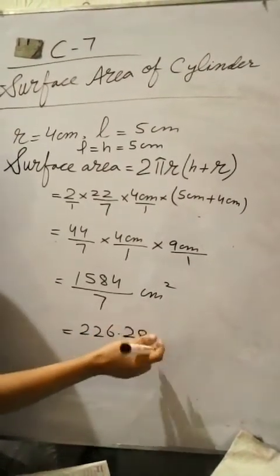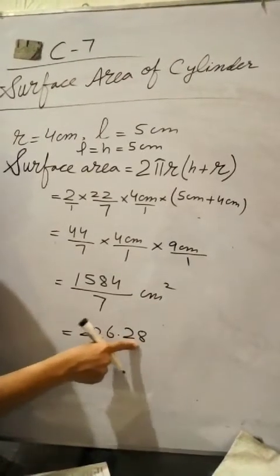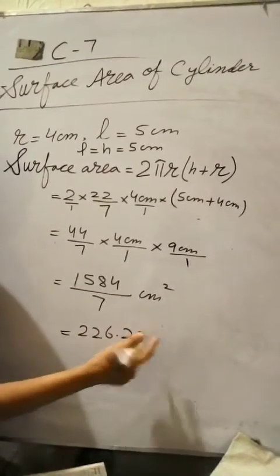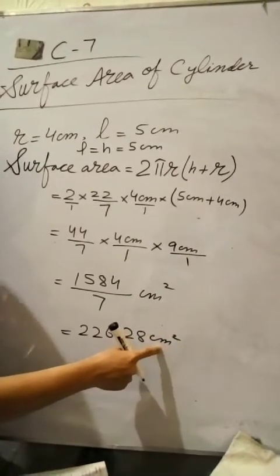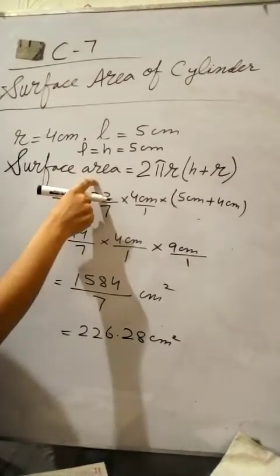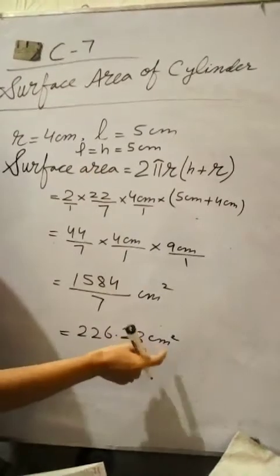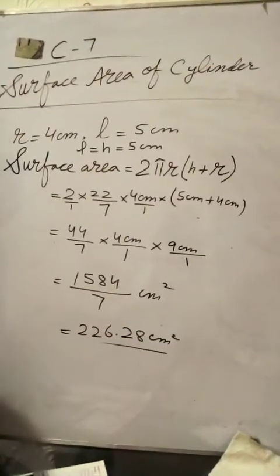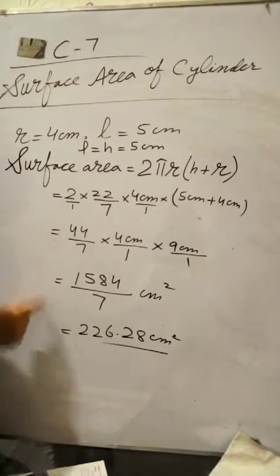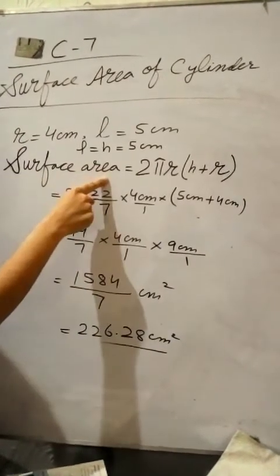This is not a terminating decimal, but we can take only 1 or 2 decimal places. And centimeter square is the unit of measurement. You need to put it. Area is always in the form of centimeter square. Draw the ending line.